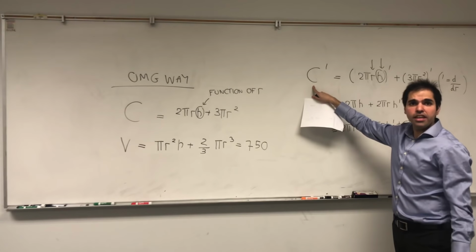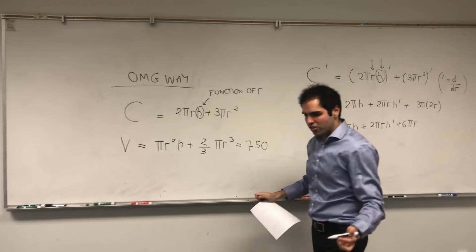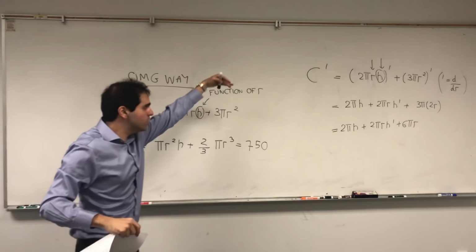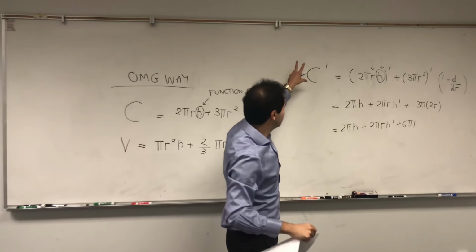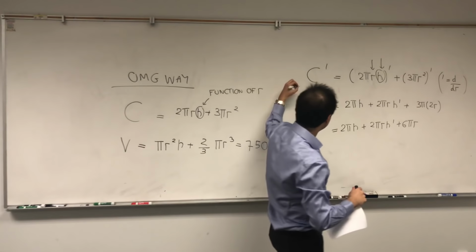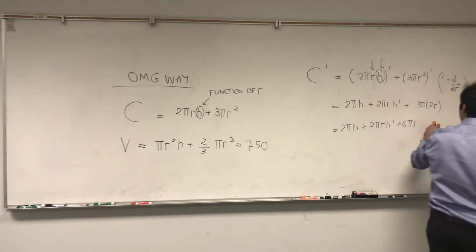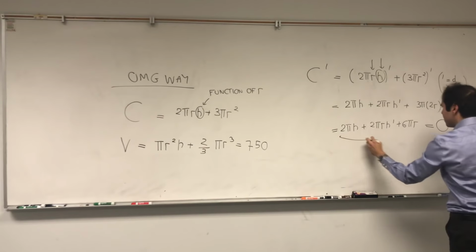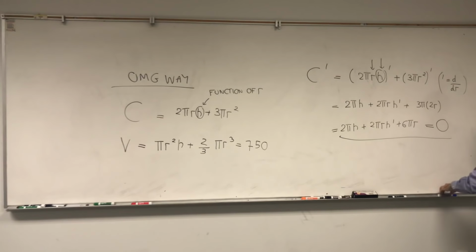Now here's the thing. C, again, is a function of r. So in particular, at the minimum, we need to have the critical point. So at the minimum, this actually becomes 0. So we can just set this to be 0, and we can simplify this a little bit.